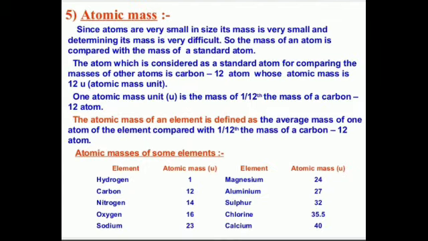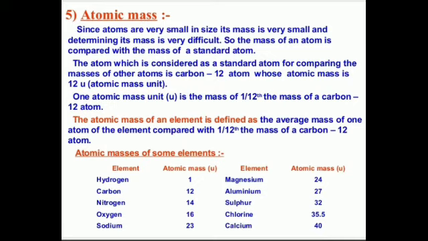Atomic mass means the mass of an atom of an element. It is now termed as atomic mass unit, AMU. Now we can define AMU as 1/12 of the mass of an atom of carbon-12 isotope on an atomic scale.